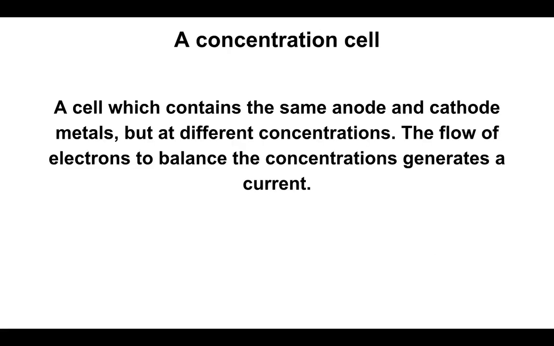So I want to bring up the idea of a concentration cell here. A concentration cell is a special type of battery cell in which the anode and the cathode are made of the same material, the same metal, but they exist in electrolyte solutions of differing concentrations.